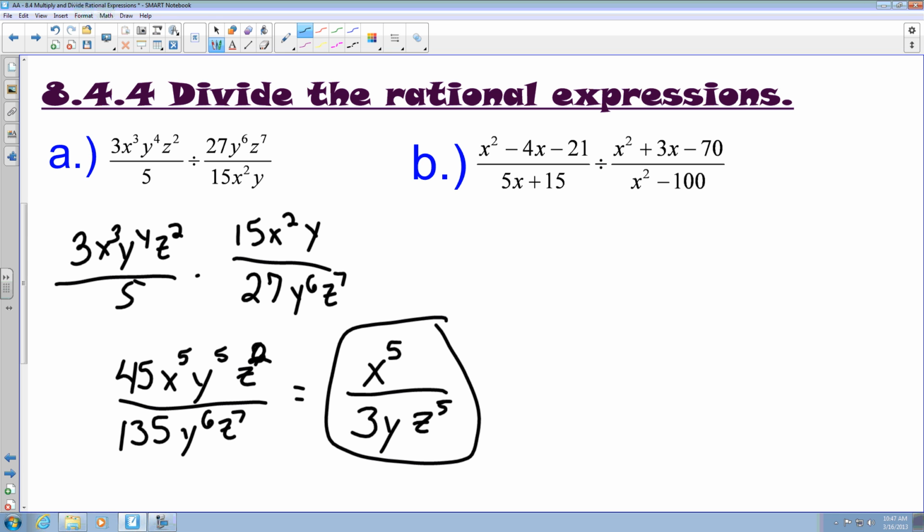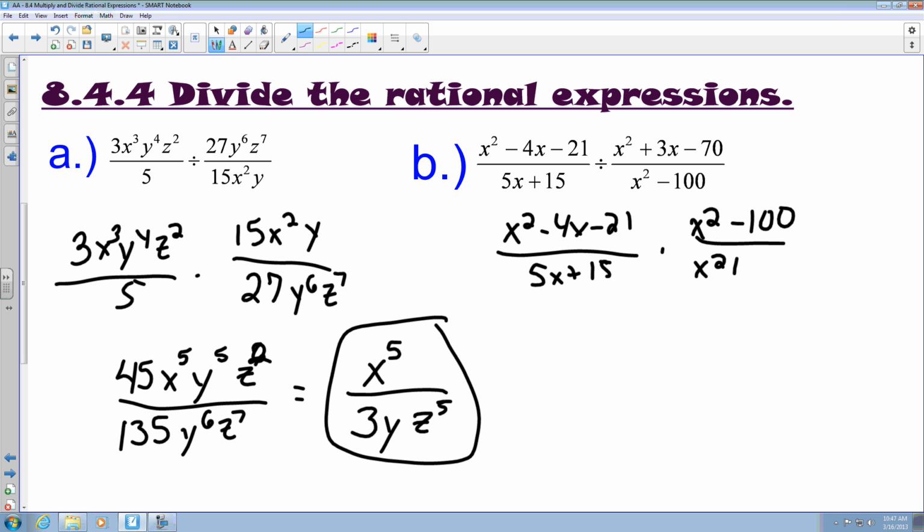Let's look at B. So what I'm going to do is, again, we're going to write this as a reciprocal. So I got x squared minus 4x minus 21 divided by 5x plus 15 multiplied by x squared minus 100 divided by x squared plus 3x minus 70.